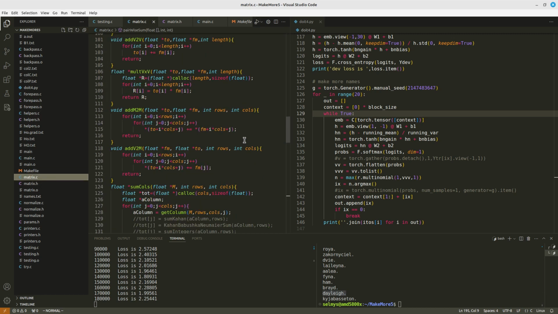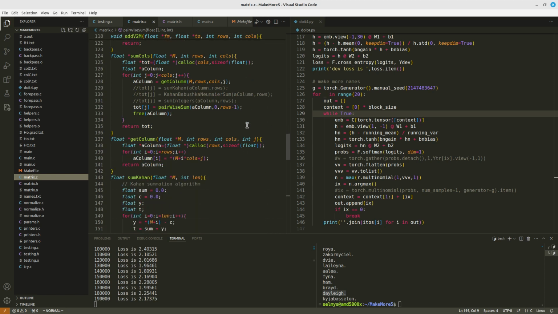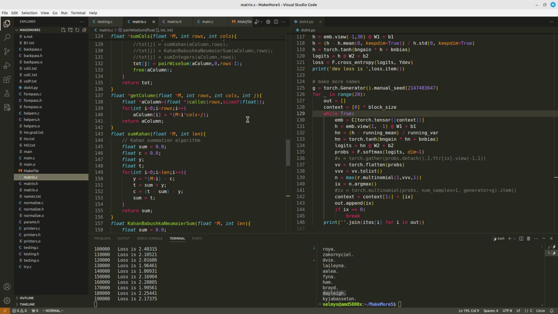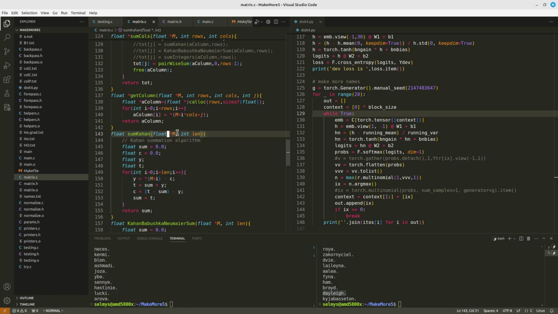In my matrix file here, I've got some functions that add up a column of floating point numbers. For example, this function here adds up some floating point numbers. You have a column here, m of floats, and the length of those floats, and it will add up those floats and return the sum.